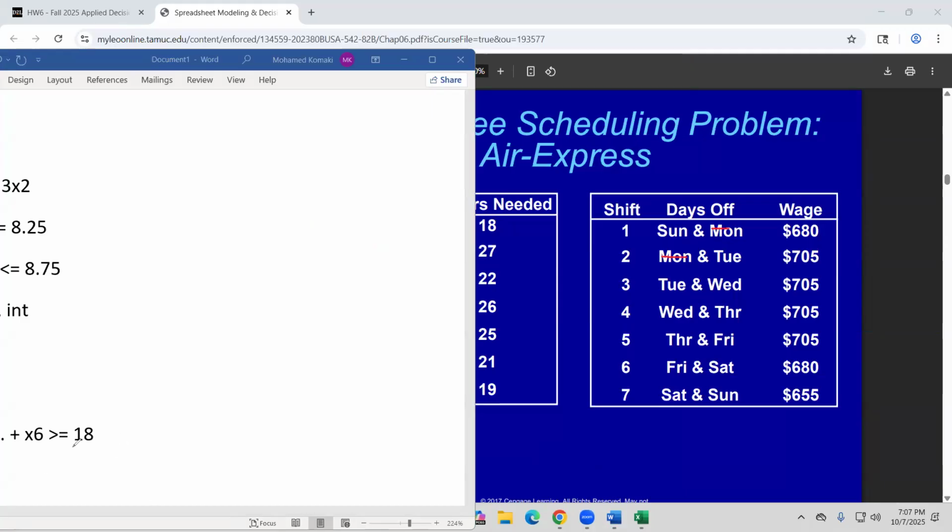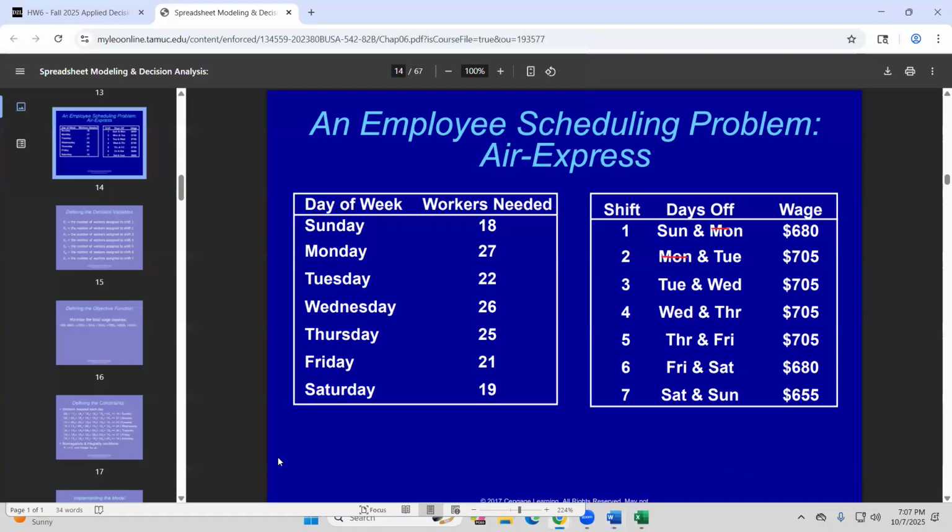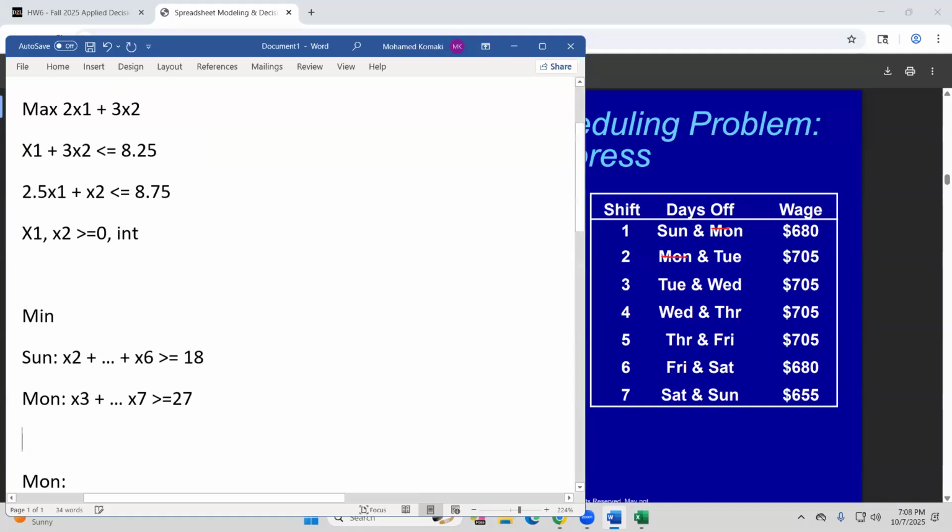So on Monday we are going to see X3 to X7, right? So on Monday, X3 plus all the way to X7, we need at least 27. So you guys are confident that we can jump to Excel now? Is that clear enough, so we can implement this one in Excel?